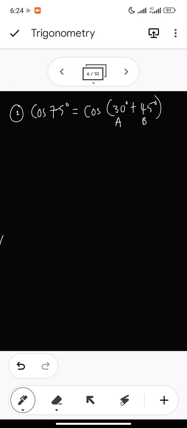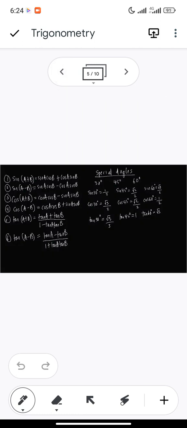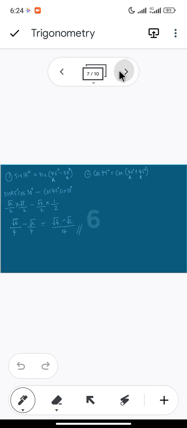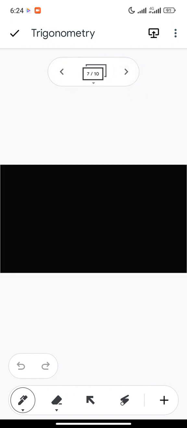So the cosine formula says, according to what we wrote earlier on, that for addition, cos(A + B) is equal to cos A cos B minus sin A sin B. So we're going to apply the same principle here.